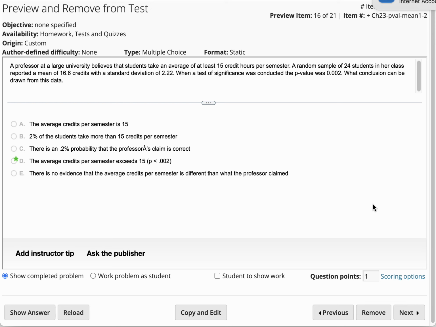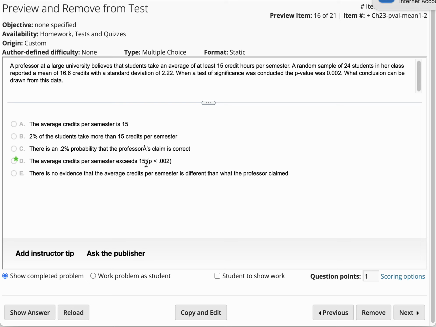But after running it through StatCrunch, the p-value turned out to be 0.002. It is less than 0.05. We are going to reject the null hypothesis. This says at least. So we are going to say the average credits per semester does exceed 15.